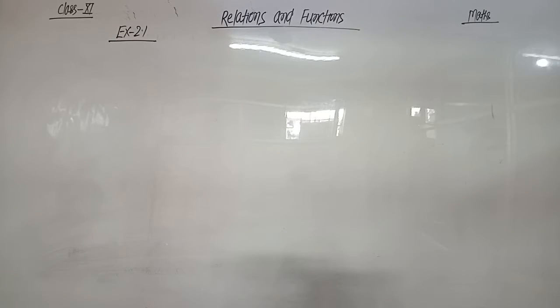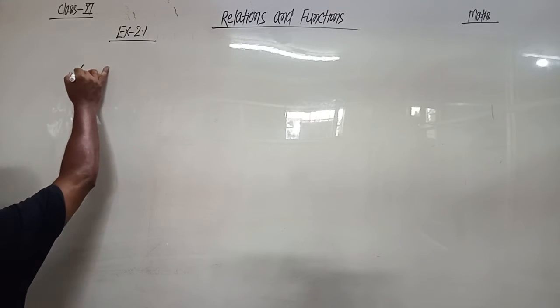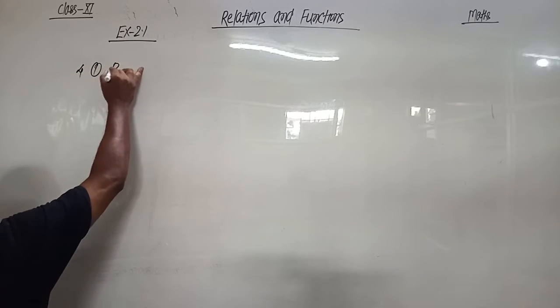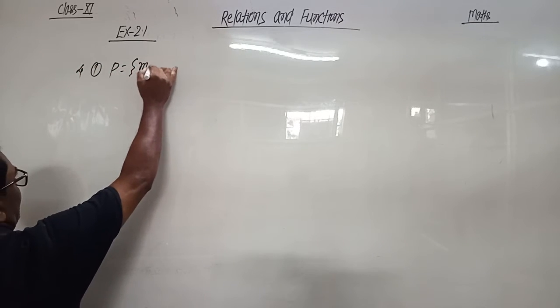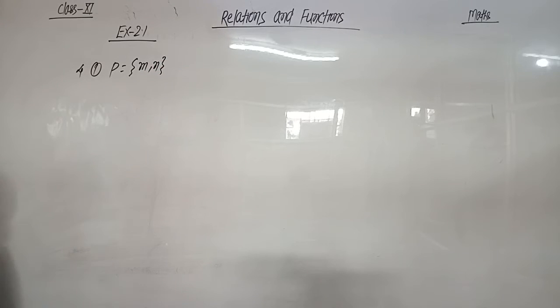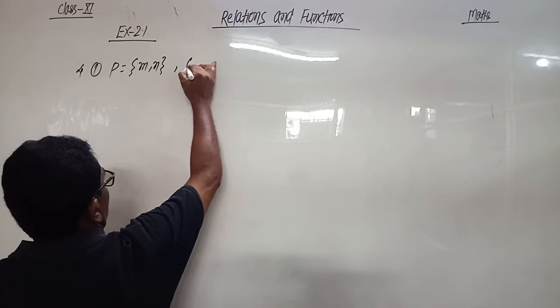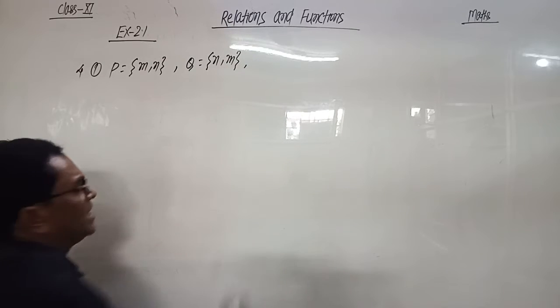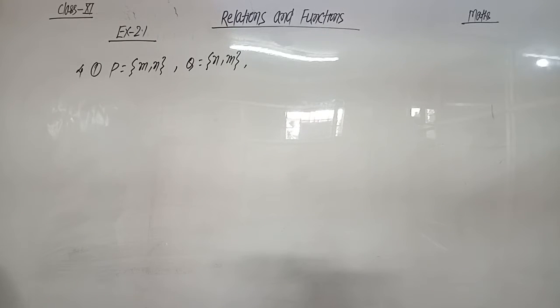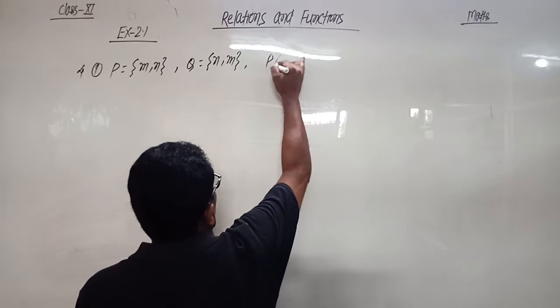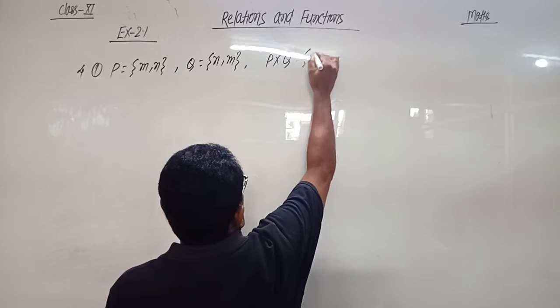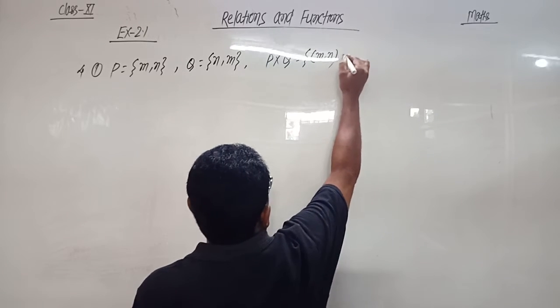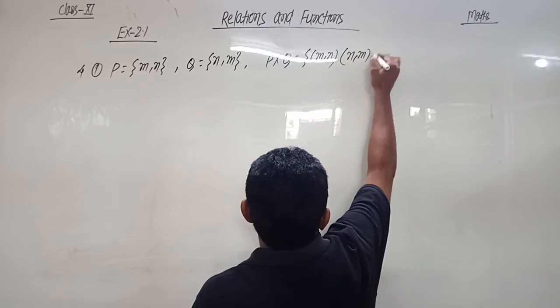The first part: set P = {M, N} and set Q = {N, M}, and P cross Q = {(M, N), (N, N)}.